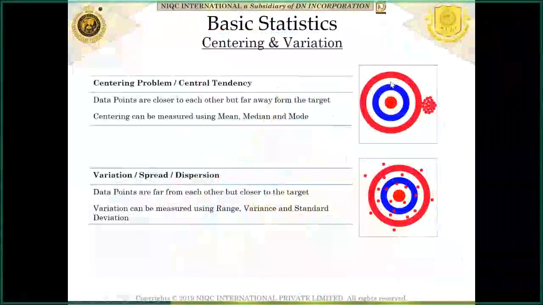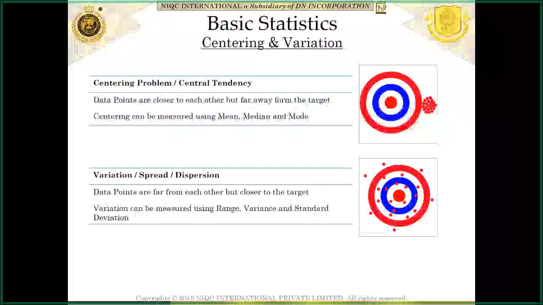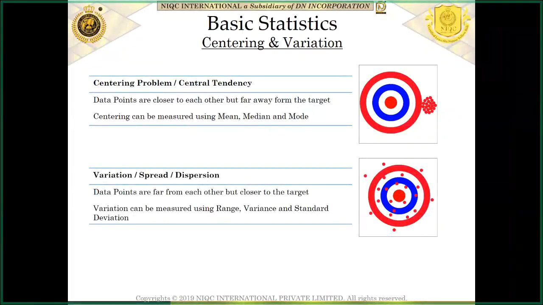Please understand everyone together. When I say basic statistics, why do I have to know basic statistics? Whatever you're doing right now, whatever role or designation you have, or whichever company, you will always check and analyze your performance.